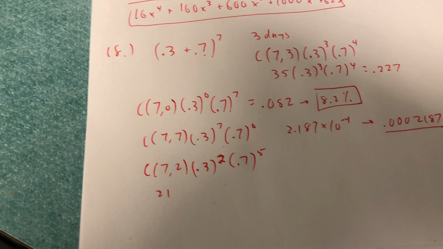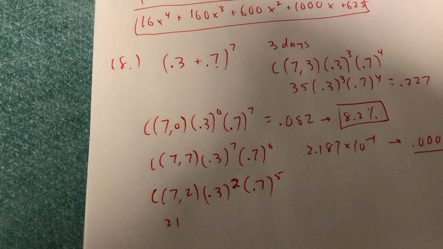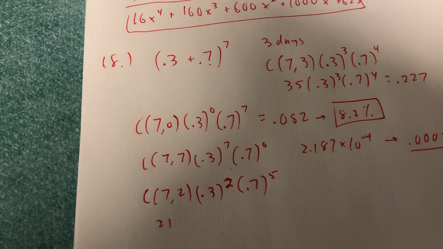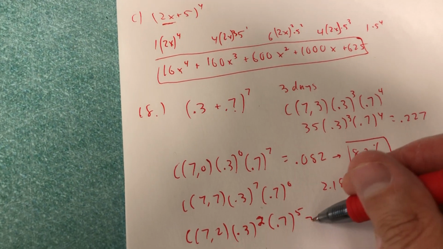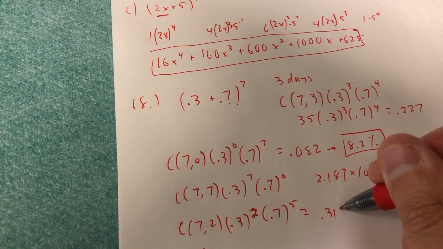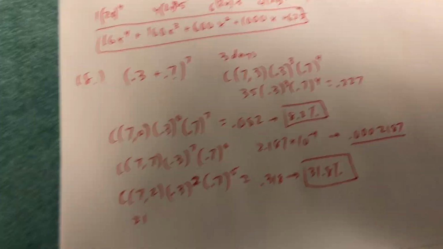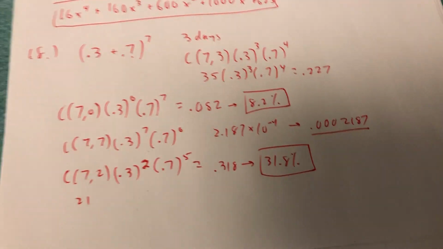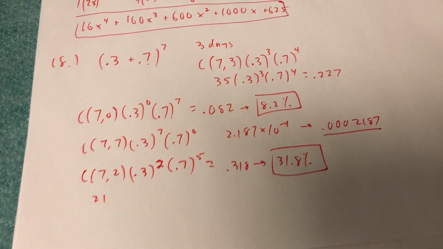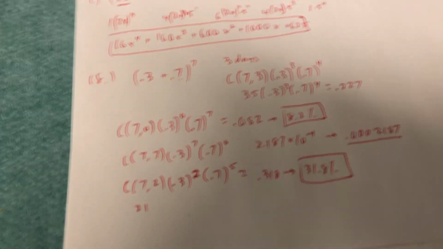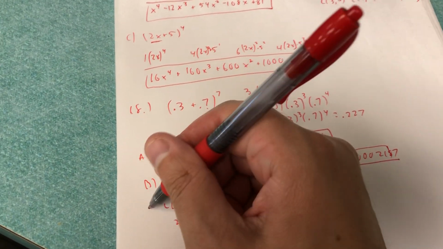And then you're taking 21 times 0.3 squared times 0.7 to the 5th. And that's going to be about 0.318. So about a 31.8% chance that it snows exactly 2 out of 7 days, which is a pretty decent chance of that specific event happening, okay? So anyway, we've got our A, and our B, and our C options here.